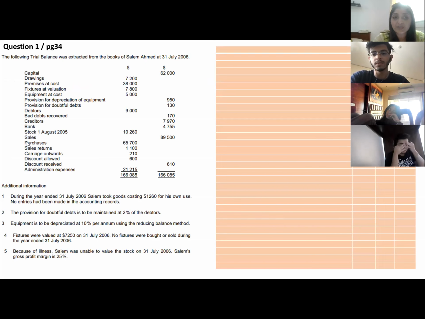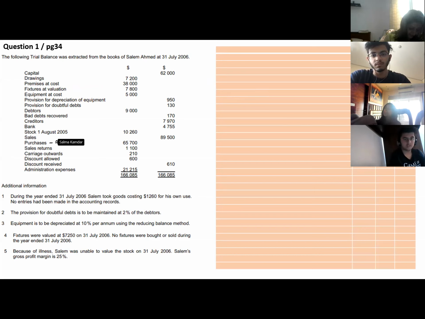Where are you going to adjust the goods for own use? In your purchases. So you will go to purchases and write over there minus adjustment number 1, and over here you will write less from purchases.